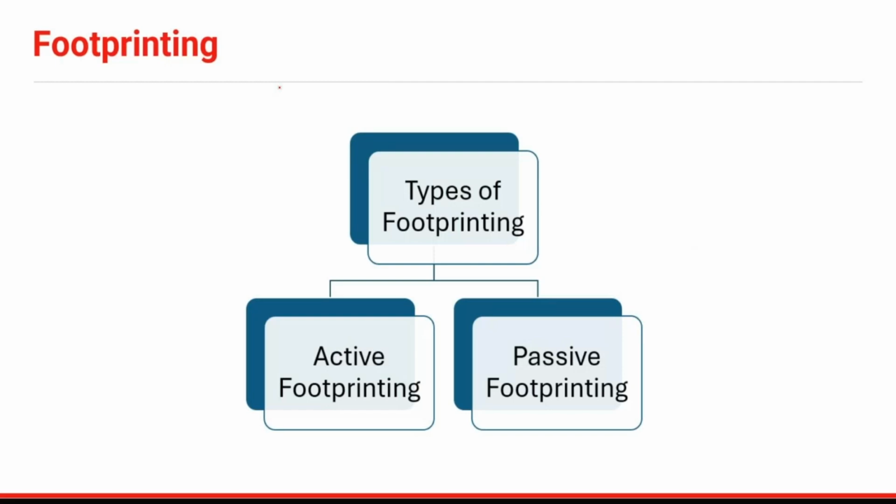Now let's move to our very first phase, that is footprinting. So we know that footprinting is about gathering information, and we can gather information in multiple ways. Like if I have to define intelligence, we have different types of intelligence.